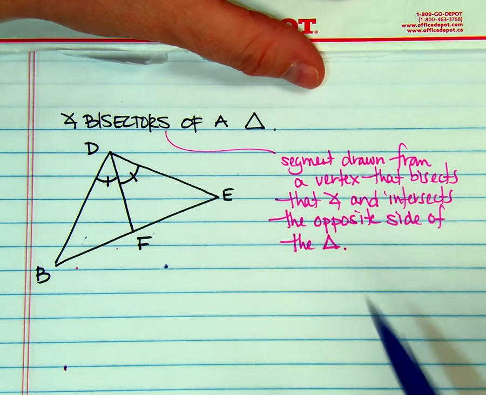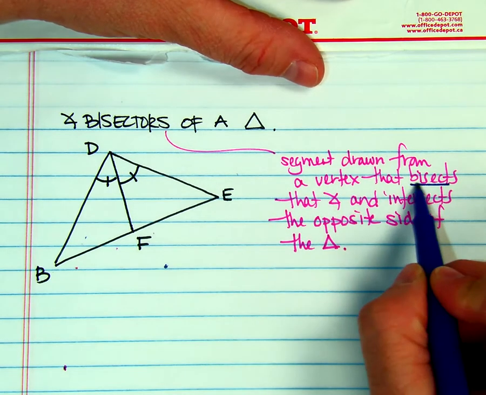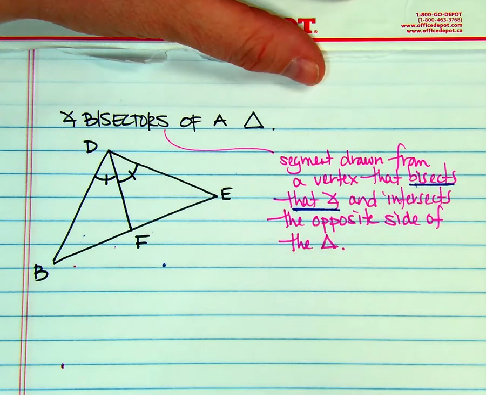Okay, so again, it's drawn from the vertex and it bisects that angle.